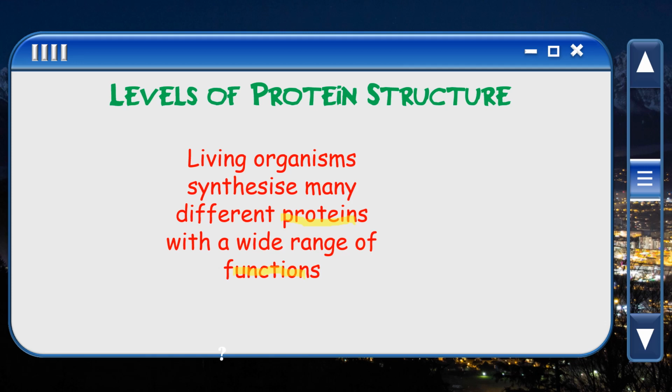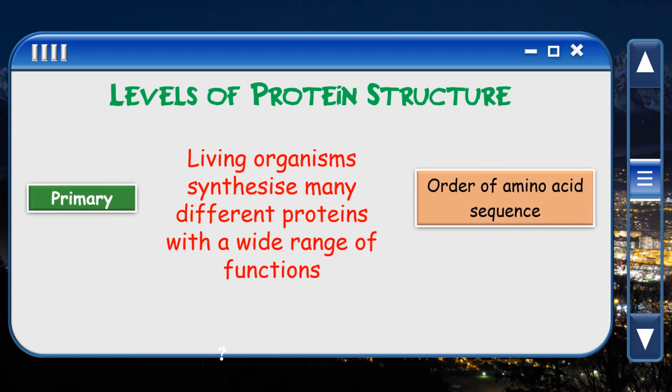Because there are very many functions in living organisms, and all these functions are different from each other, therefore the proteins which are involved are also different. Therefore these organisms are going to produce very many different proteins, and we shall have different functions.